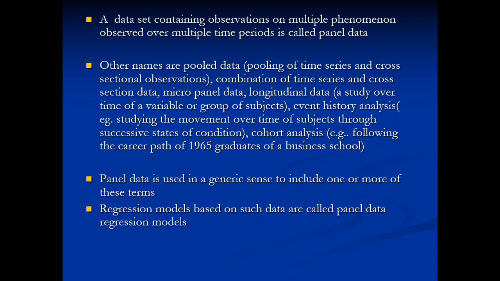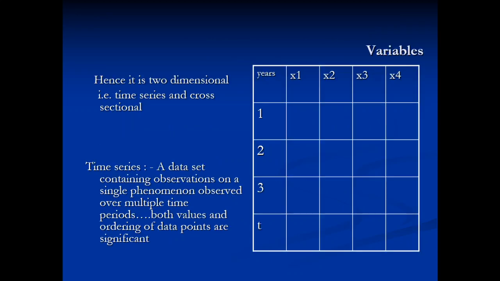So we are collecting details about your placement in the next year, after 2 years, after 3 years, after 20 years. That is a cohort analysis. And panel data is used in a generic sense to include one or more of these items. As I said, regression models based on such data are called panel data regression models.